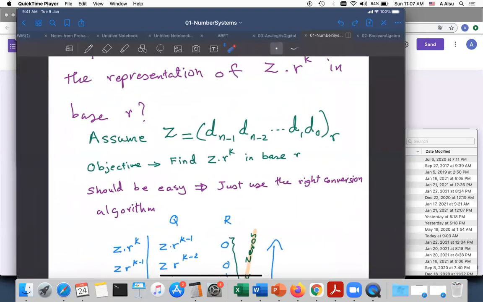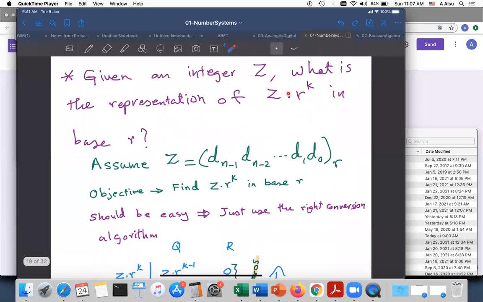Let's assume that the representation of z in base R is this number here, d sub n minus 1, d sub n minus 2, all the way to d sub 1, d sub 0 in base R. Our objective is to find z times r to the k in base R.